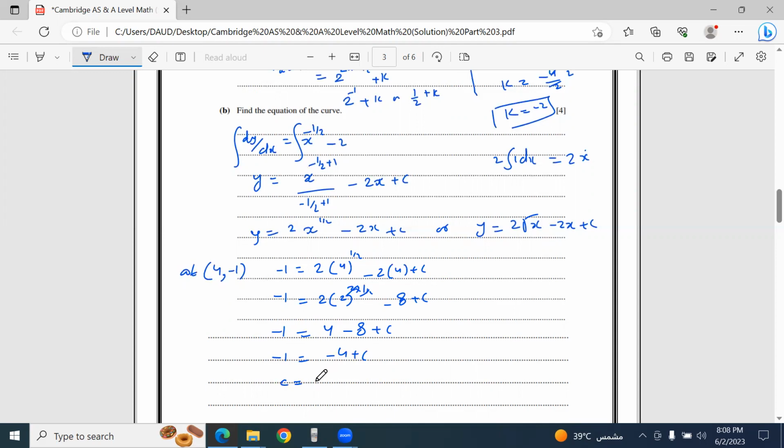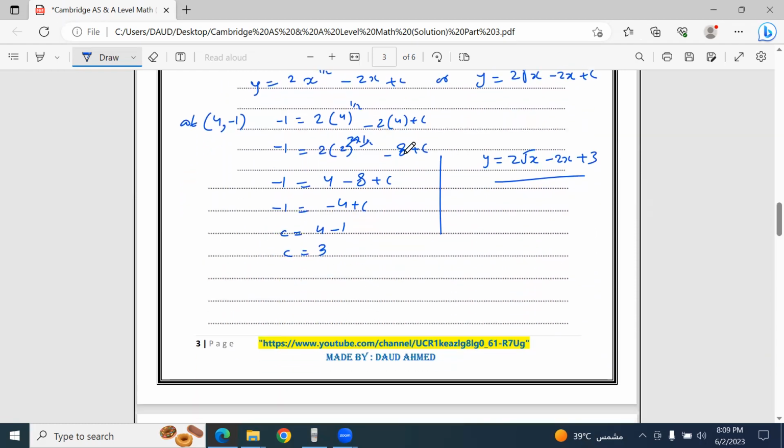So c is equal to plus 4 minus 1, which gives us 3. So we can apply this value of 3 in the above equation of the curve, which is y is equal to 2 square root of x minus 2x plus 3. So this is our required equation of the curve.